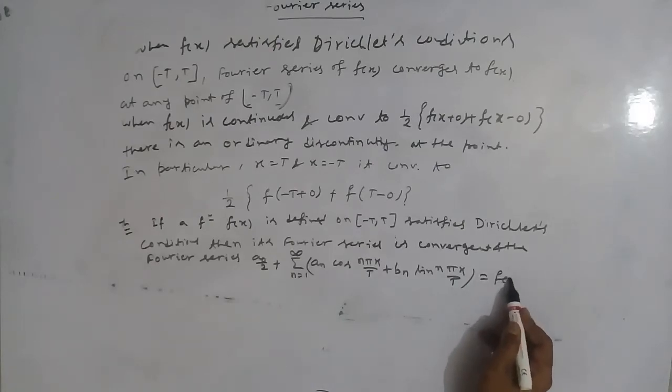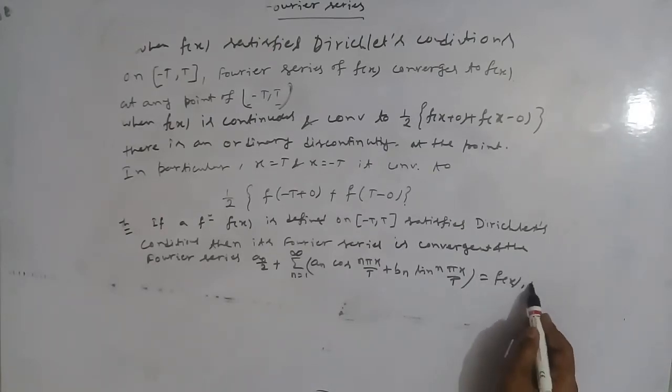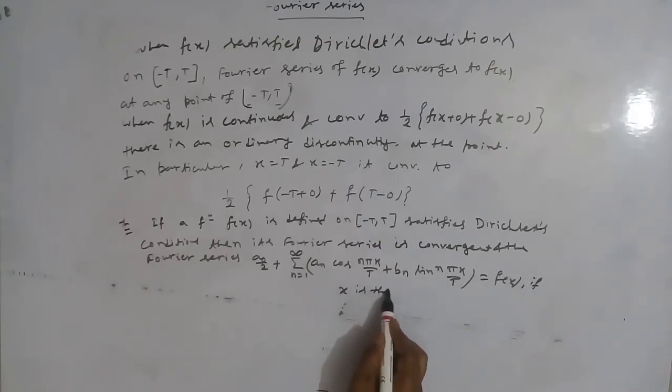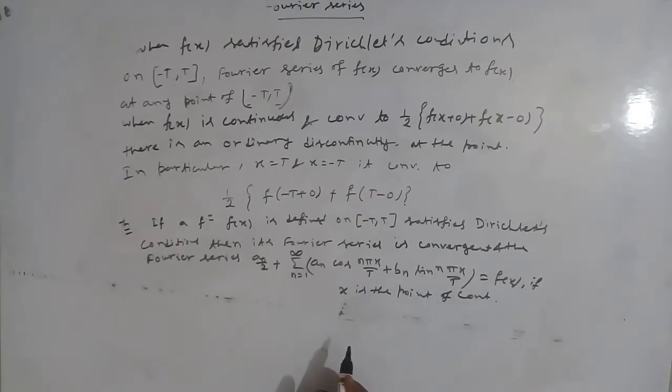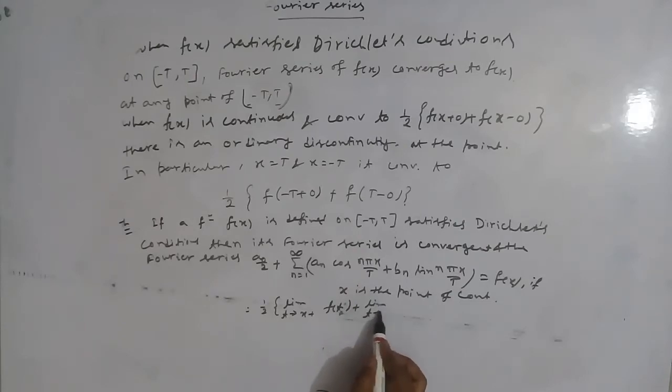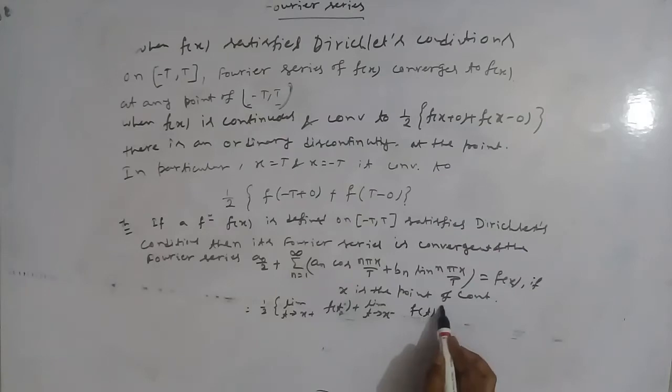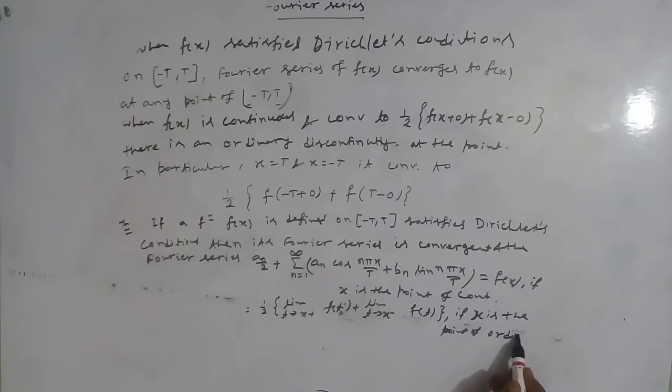is equal to f of x if x is a point of continuity, and this will be equal to half into limit t tends to x plus f of t plus limit t tends to x minus f of t if x is a point of ordinary discontinuity.